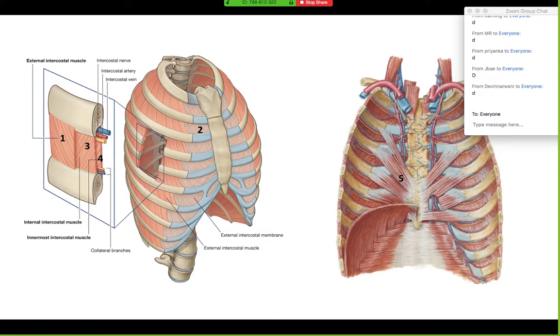So if you can just remember that external intercostals and the interchondral portion of the internal intercostals are involved in inspiration, then any of the other thoracic wall muscles you're asked about are going to be expiration. So you're learning all 5 or 6 functions by remembering 2.